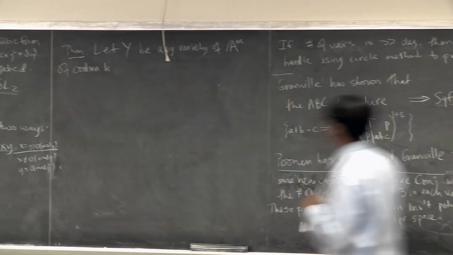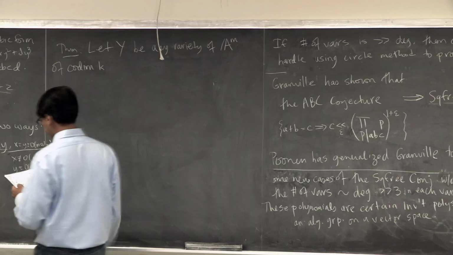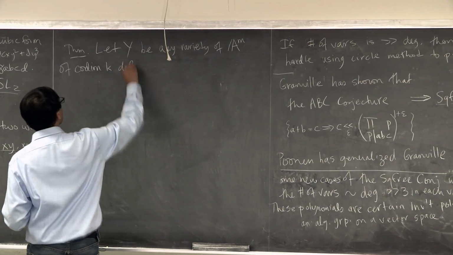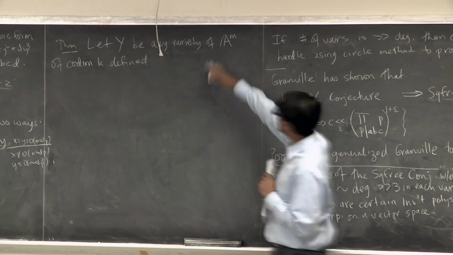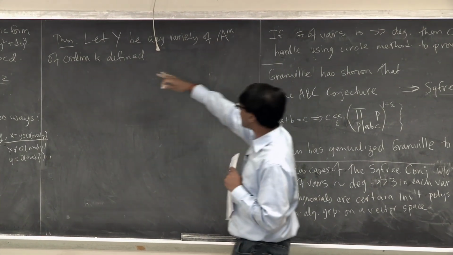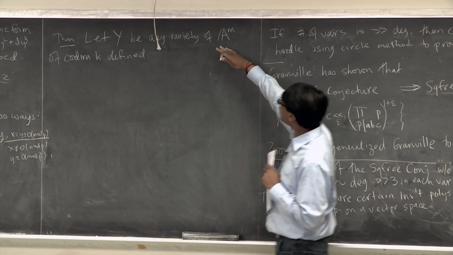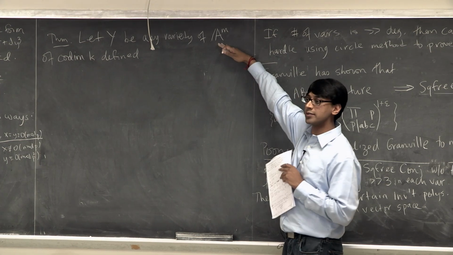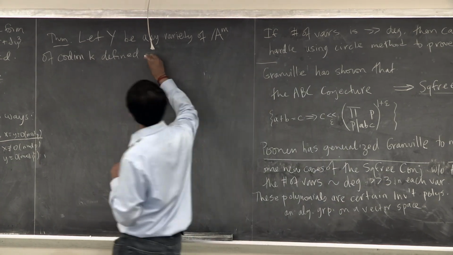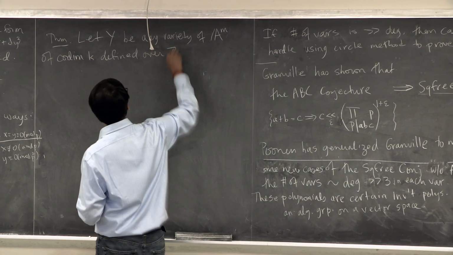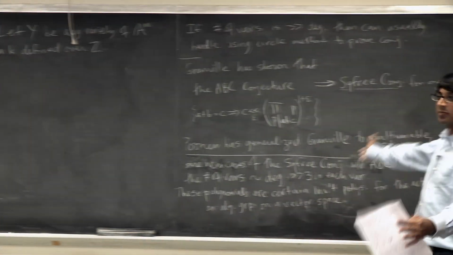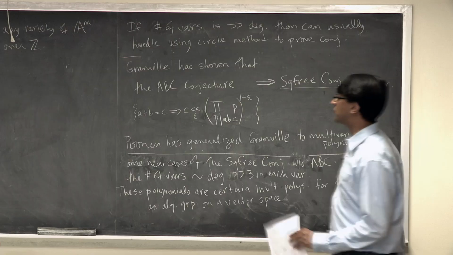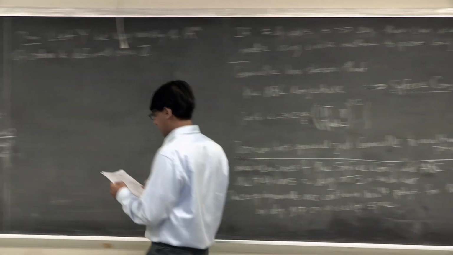So it's the zero set of k simultaneous equations. And we want to make sure it's defined over Z. So the equations are given by integer polynomials in m variables. So Y is basically defined as a zero set of k integer polynomials. If you do algebraic geometry, we're asking for a closed subscheme of codimension k inside affine m-space, defined over Z.